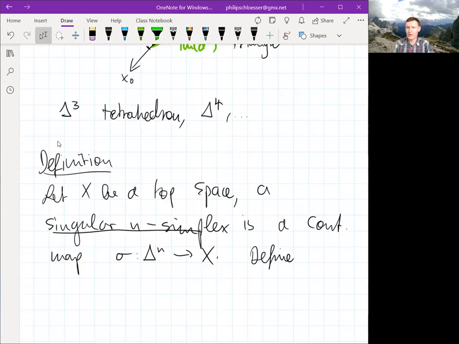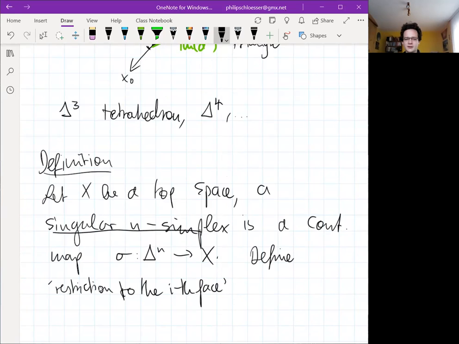And we can define the restriction to the ith face. We do not require injectivity. We don't require anything except that it's continuous.